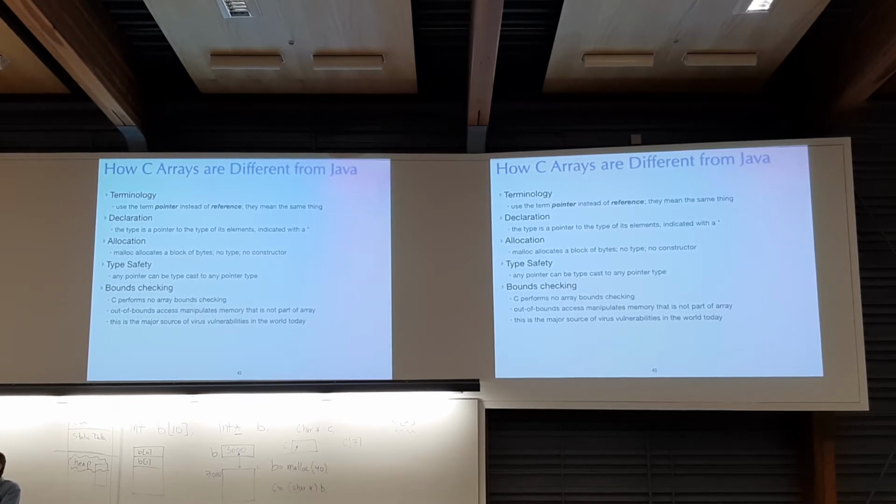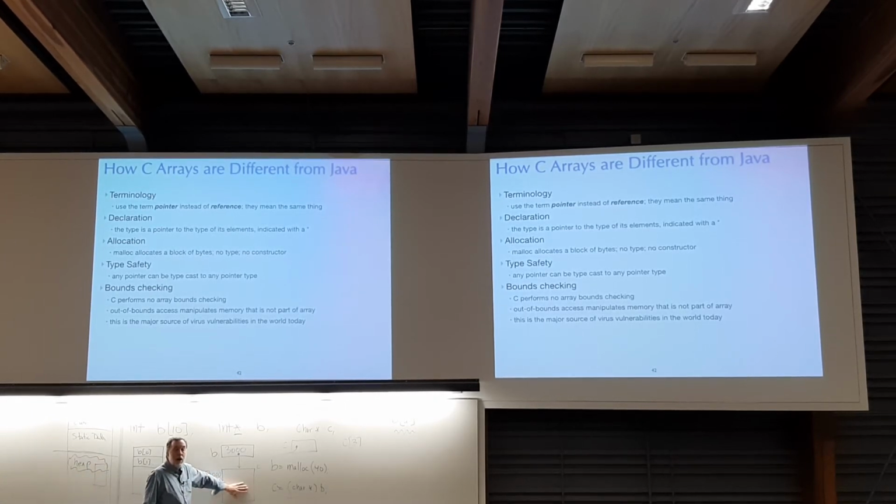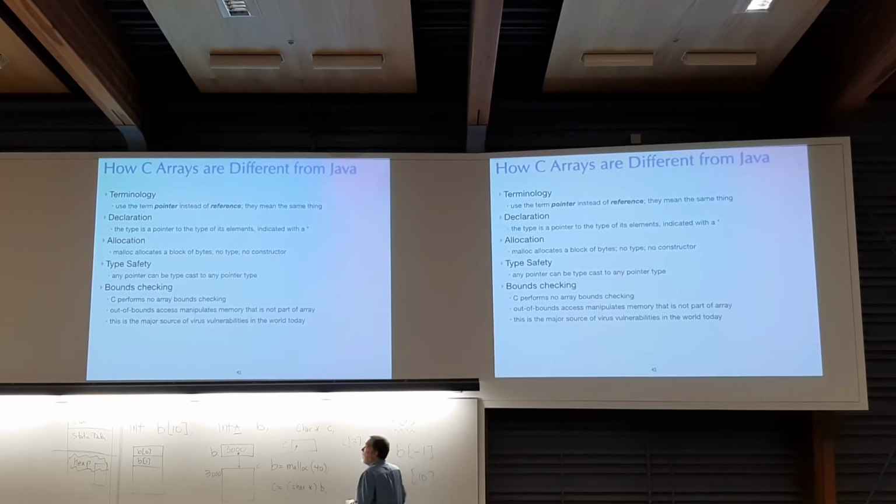You'll get an error. So for example, if I have an array of 10 things statically allocated here, or if I malloc something here that's 40 bytes long, and I try to access either B sub -1 or B sub 10, that should be an error, right?